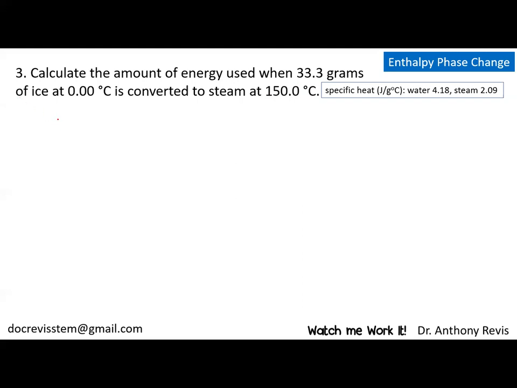So here, the first step, we have 33 grams of ice at 0. Well, we need to get it to water at 0. So the first phase we have to get through, phase 1, is going from 0.00 degrees C ice to 0.00 degrees C liquid.